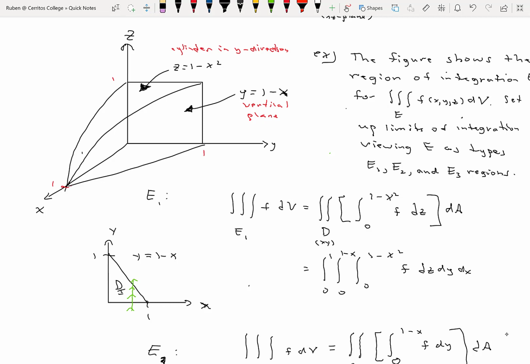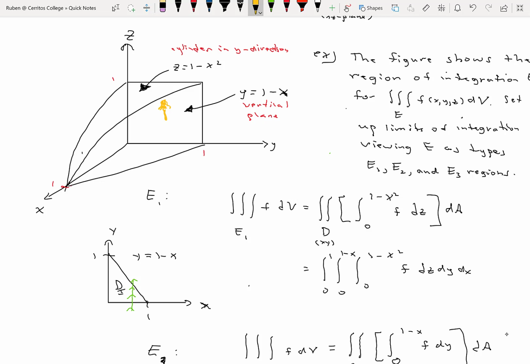The curve that I have my little yellow arrow on right there, which I'll erase in a minute, that little curve is the curve of intersection of the cylinder in the y and the vertical plane and the z, and that divides the surface in front. That's the division of the two surfaces in front.